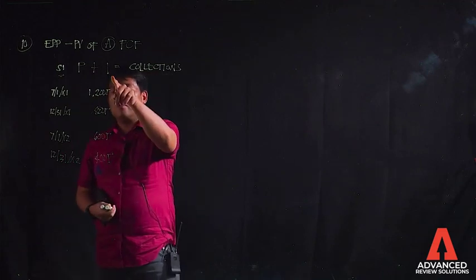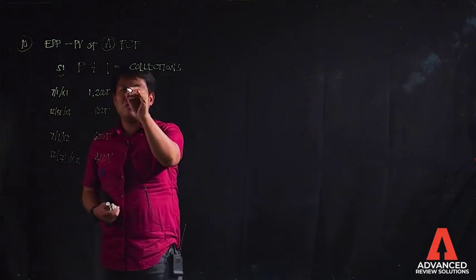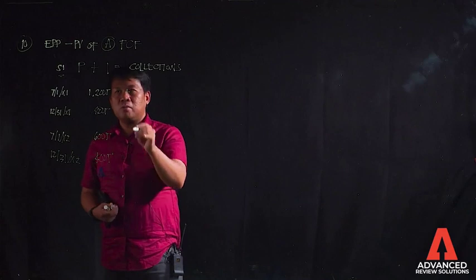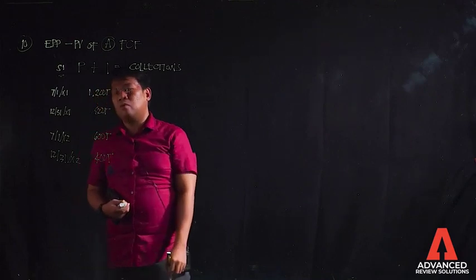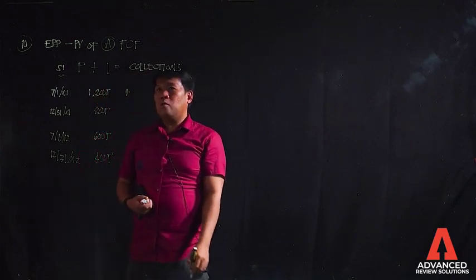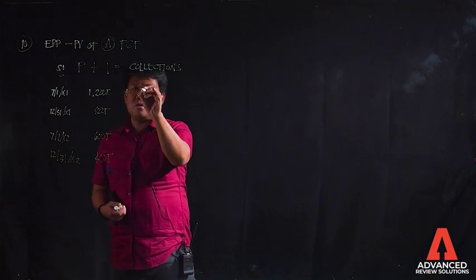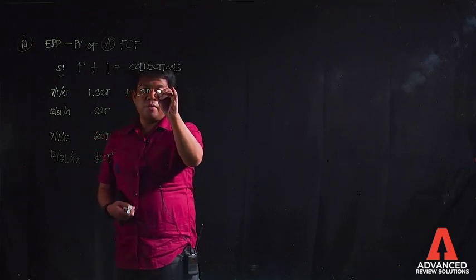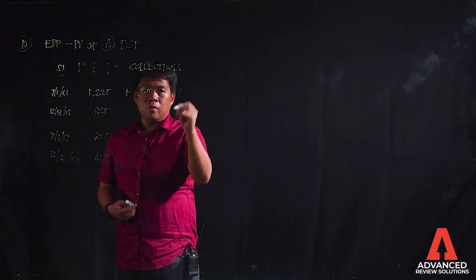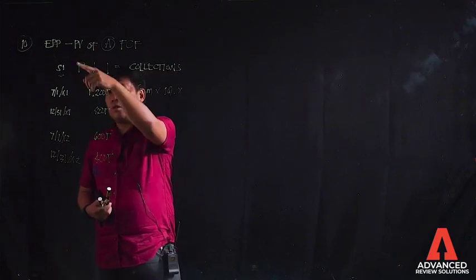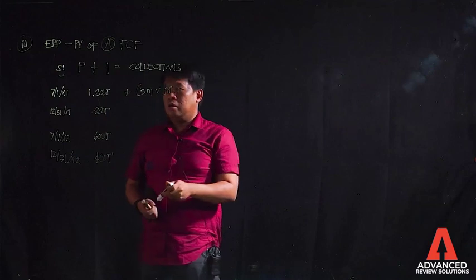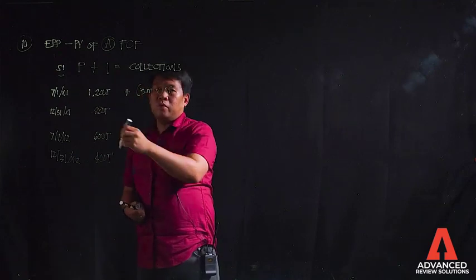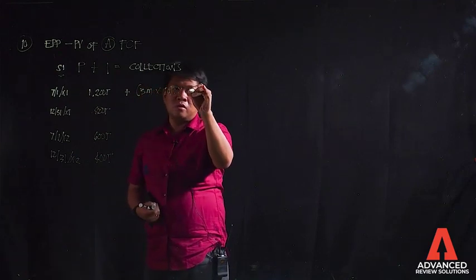Plus interest on the outstanding principal balance. So, the outstanding principal balance from January 1 to July 1 is 3 million pesos. 3 million pesos times the nominal rate of 10% times 6 months. From January to July 1, 20X1, this is 6 months, no? 6/12.